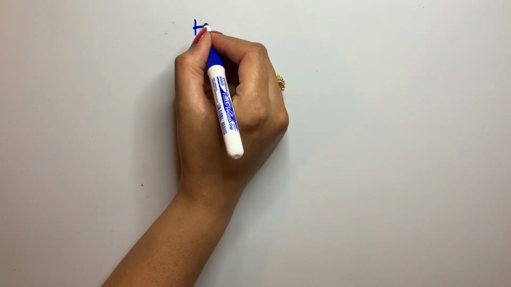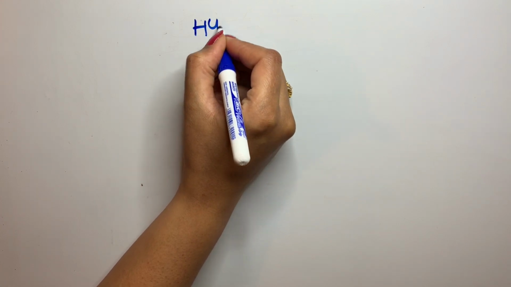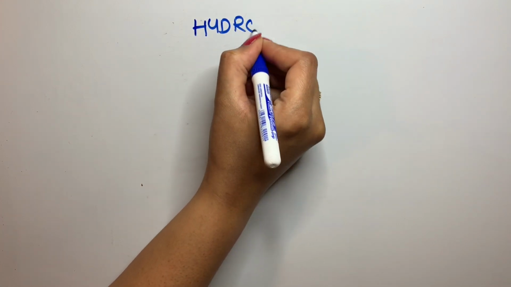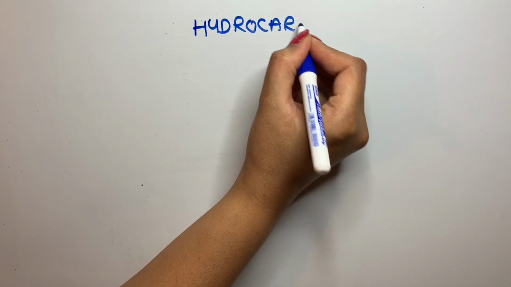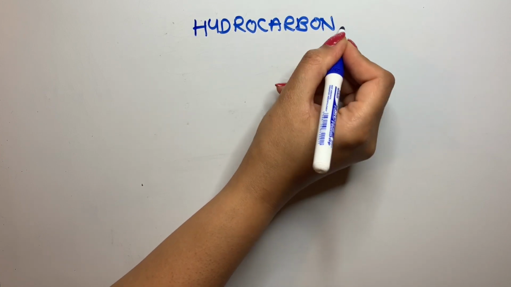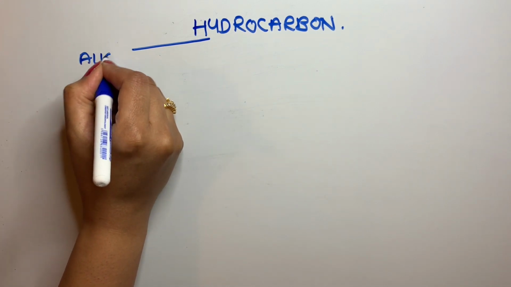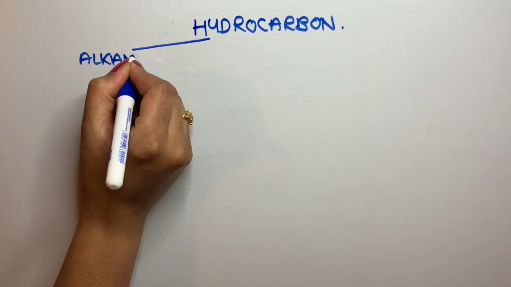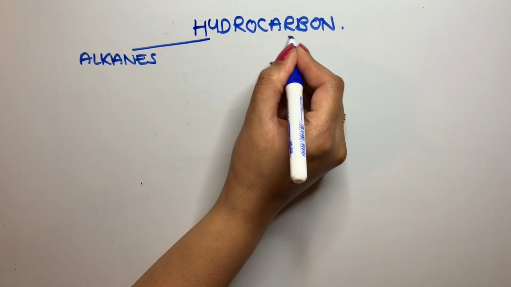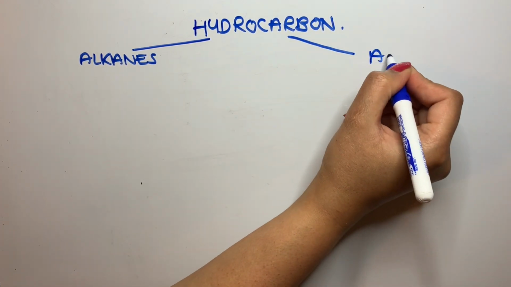Now for this next part, we are going to consider 2 different types of hydrocarbons. We are going to look at hydrocarbons which are alkanes, and we are going to look at hydrocarbons which are alkenes.